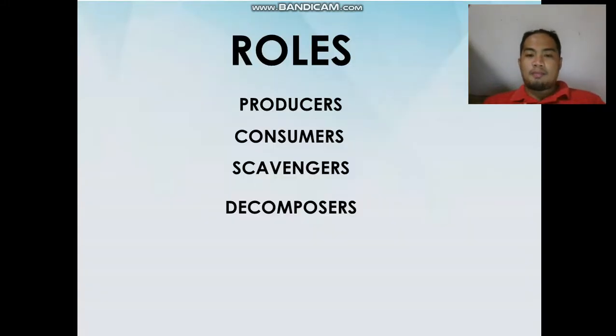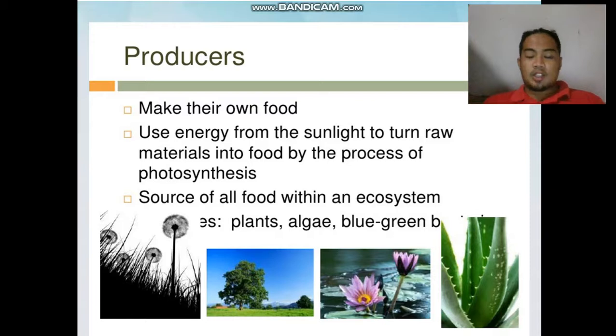What are the producers, the primary source of food? The plants, algae, blue-green algae, mostly plants.